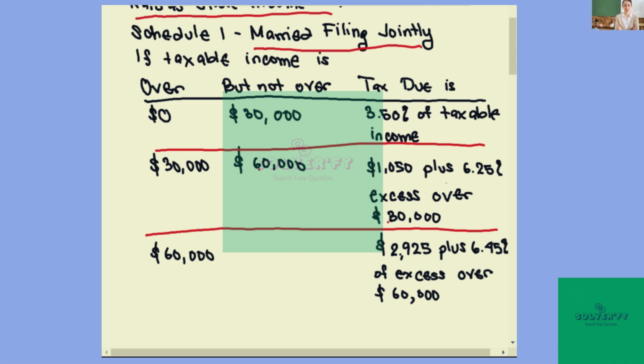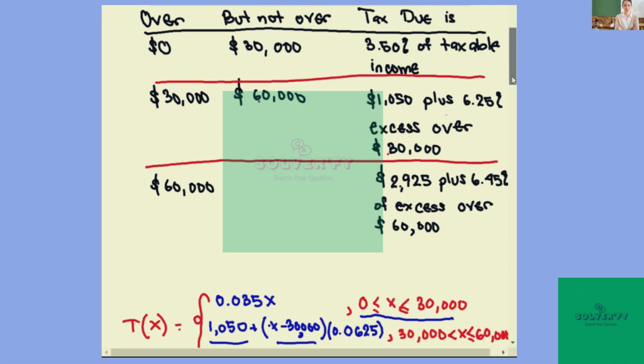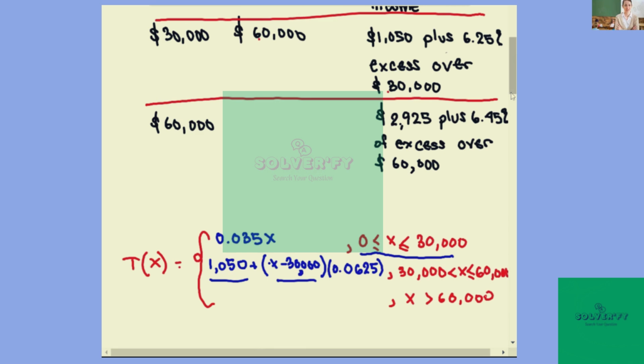then the couple must pay 2,925 and 6.45% of the excess over 60,000. So this would be 2,925, and then the excess over 60,000, we're going to take 6.45% of that.